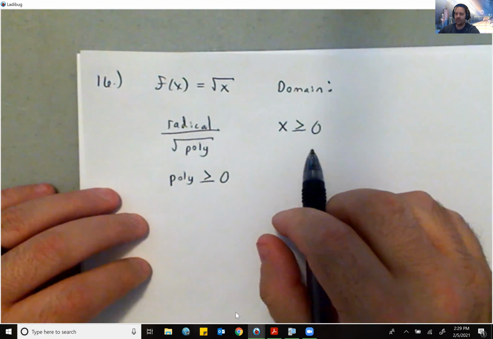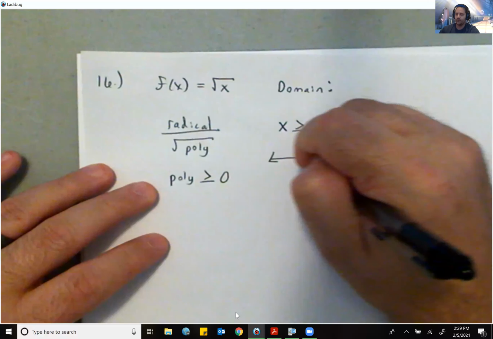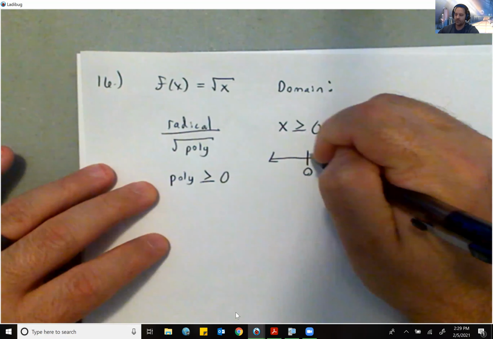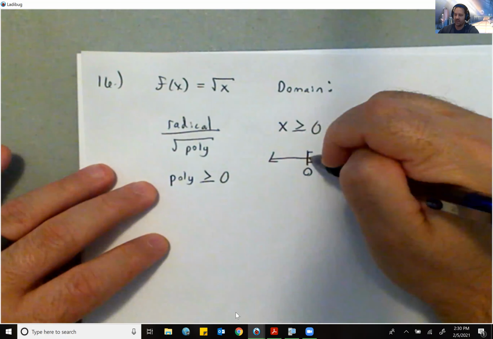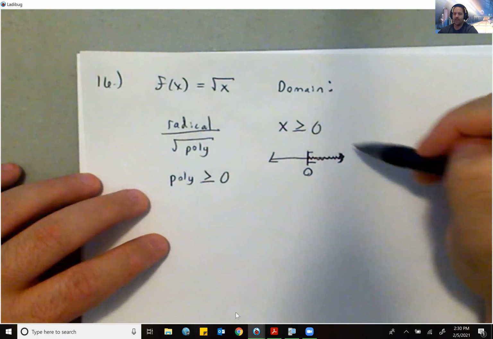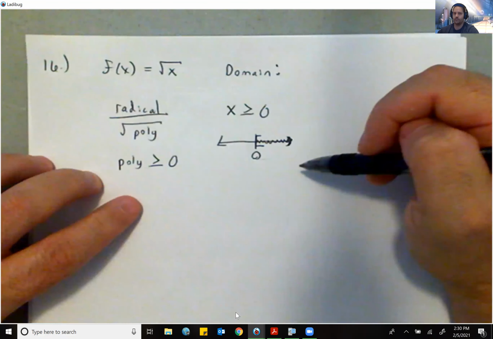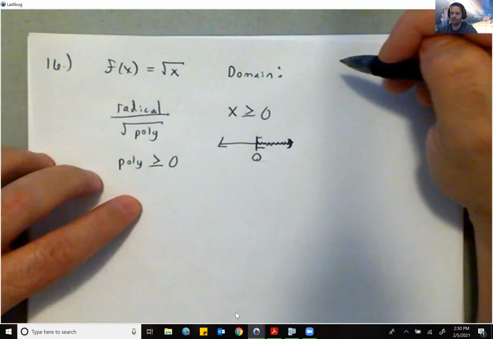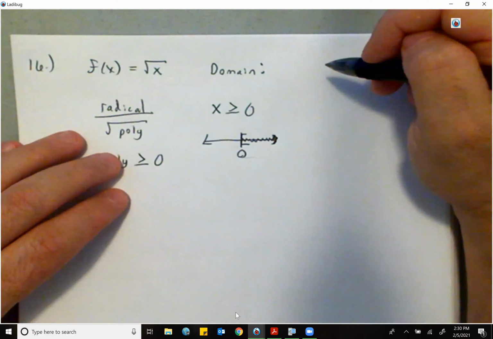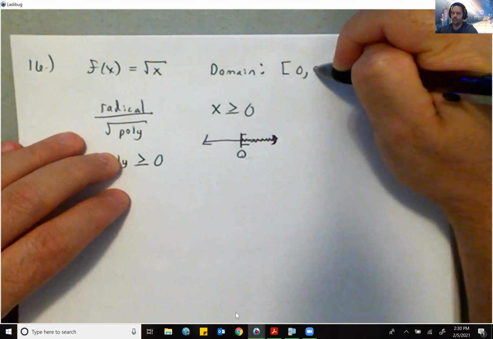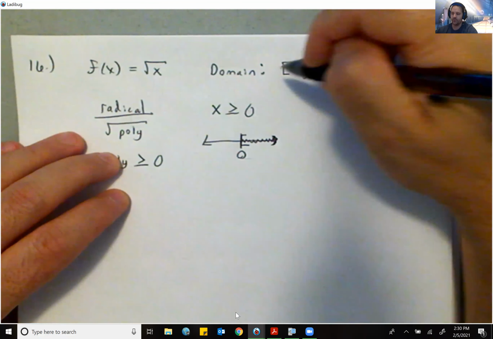Graphically, at 0 I have a bracket and I shade to the right. In interval notation, that's bracket 0 to positive infinity. That's the answer you're looking for.